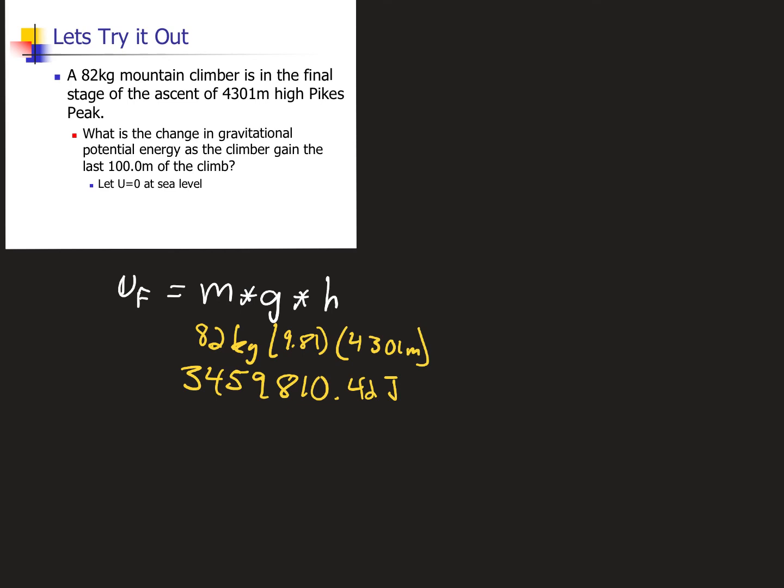We now also need to find the U initial, and again, we're looking at the last 100 meters. So the mass times gravity times height. Mass is still 82 kilograms, gravity still 9.81, and since we're before the last 100 meters, it'd be 4,201 meters.